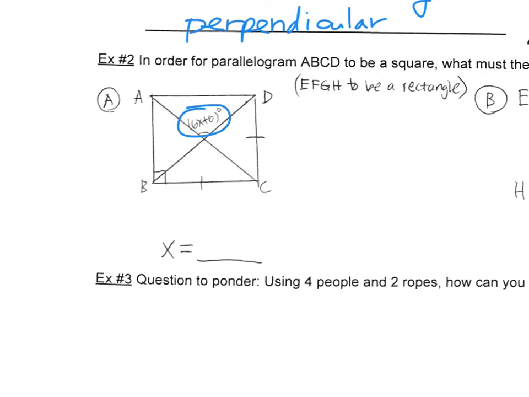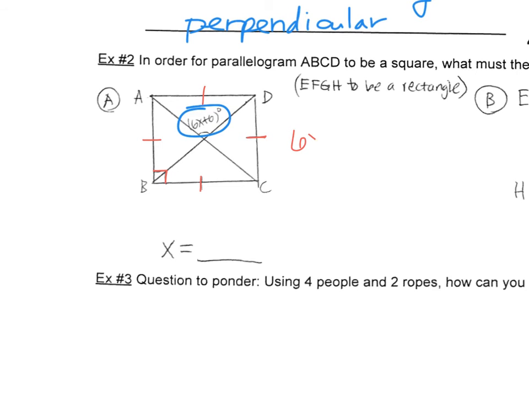Hold on. How do you know? Like, what would you do? Right, so if it's going to be a square, we have enough information to know that the opposite sides would be congruent, right? What we need to know is that the diagonals are perpendicular.